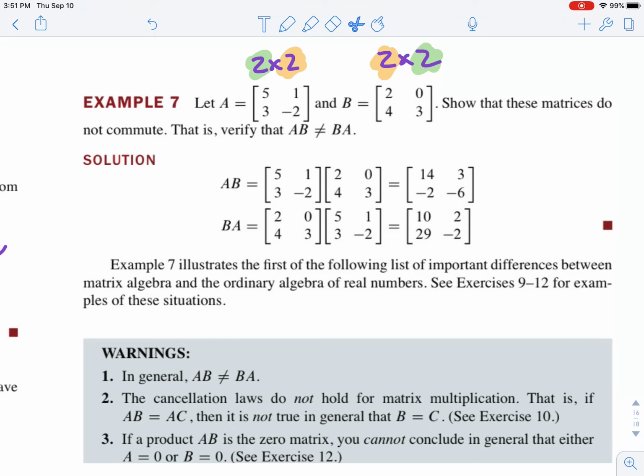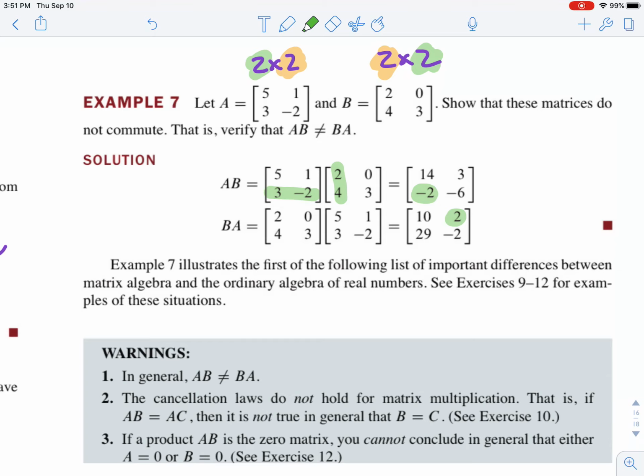So go ahead and pause the video and try to work out these 2 multiplications and double check that you get these numbers. I'm just going to check one of the numbers in each case. I'll check the bottom left corner down here, and I'll check the upper right corner in the second one. Right? And so if I want to check that -2, I would take this row and that column, and I would multiply and add.